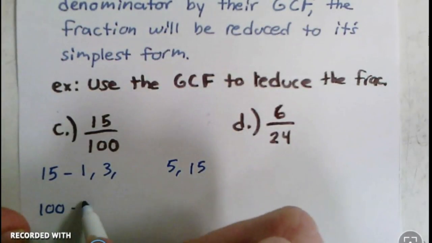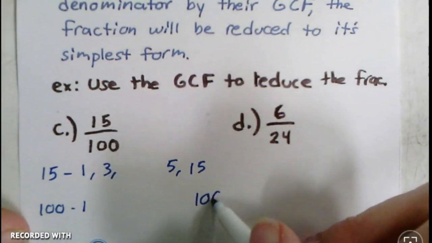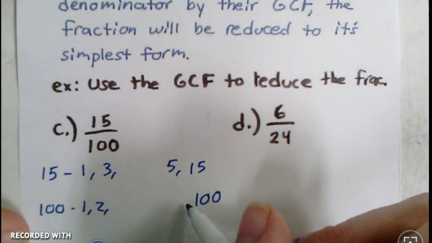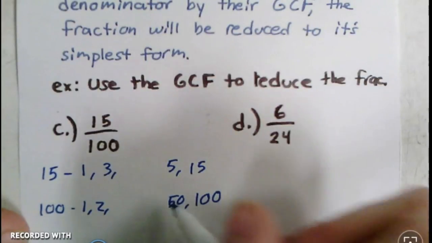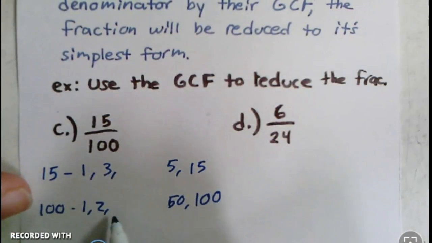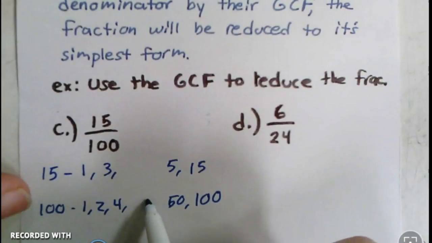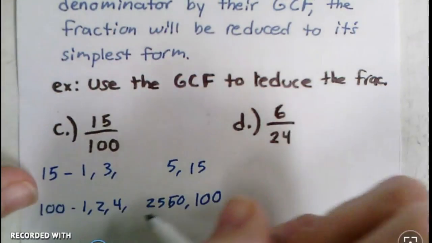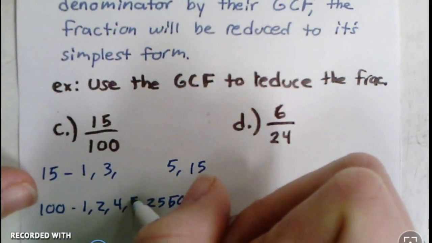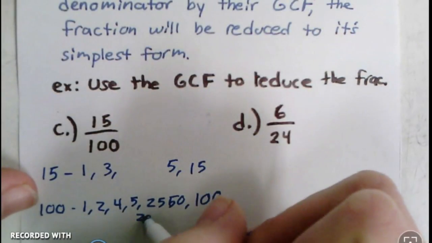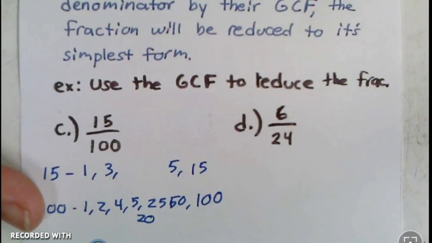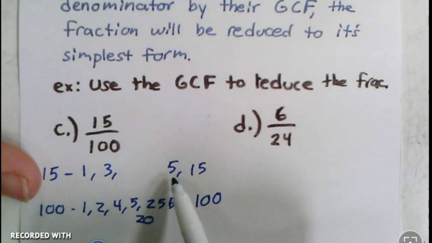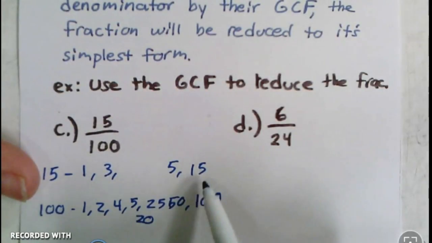All right, so now we got 1 and 100, 2 and 50. Okay, not 3, 4 and 25, 5 and 20, and then 15, so we know that it's either 5, or it could be all the way up to 15.